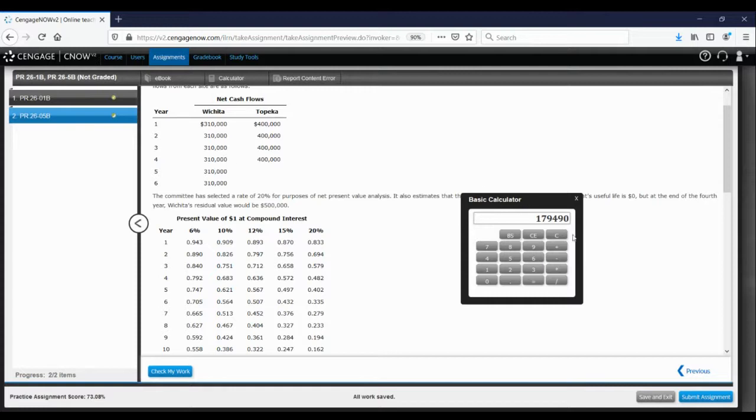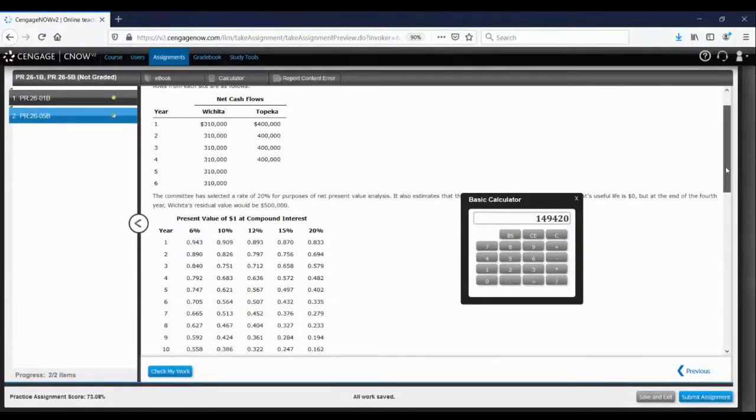In the 4th year, we're going to take the 310,000 and multiply it by the 4th year's present value table factor, which was 0.482. In year 4, the 310,000 present value would be 149,420.